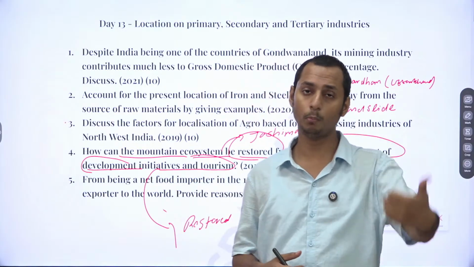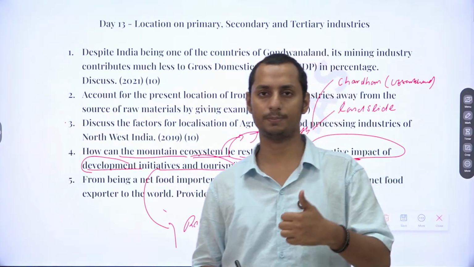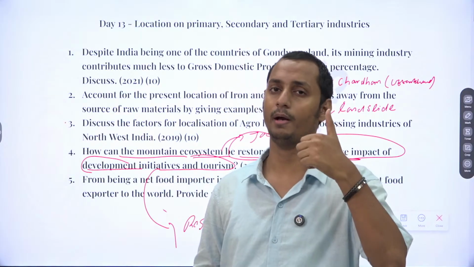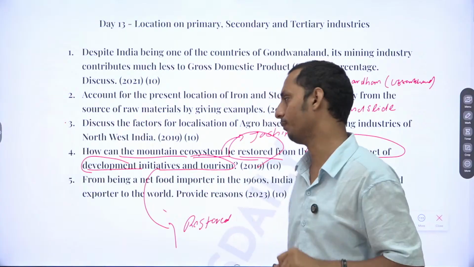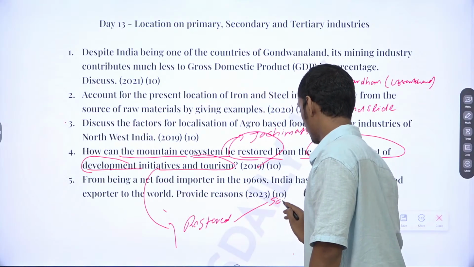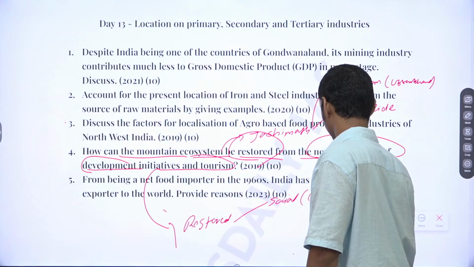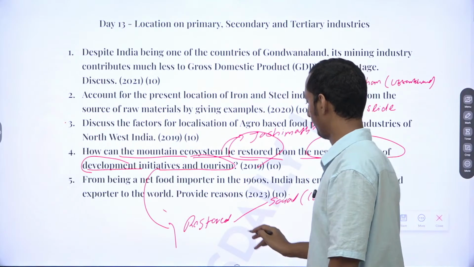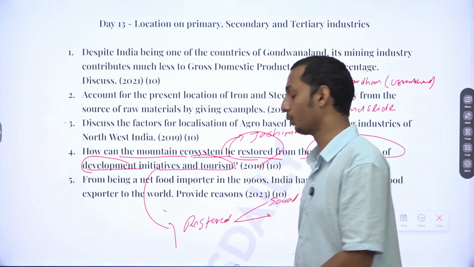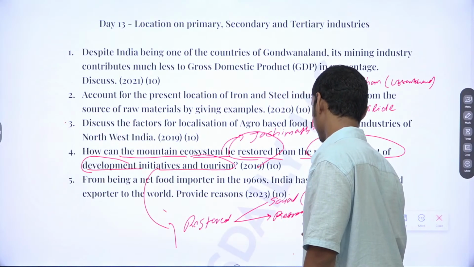But for the second body part, which is what the question is asking, you need more points. You can provide at least 6 points regarding the second body part. So how can it be restored? You can mention social measures such as community participation. You can mention sustainable tourism such as the responsible tourism project by the Kerala government.